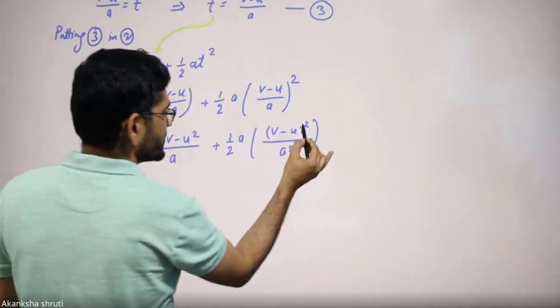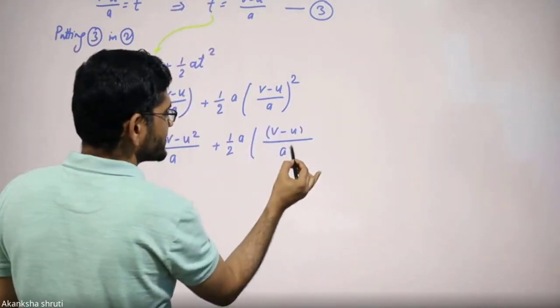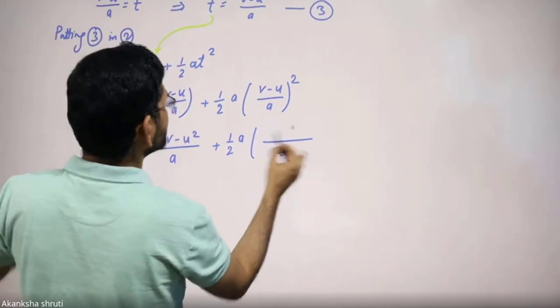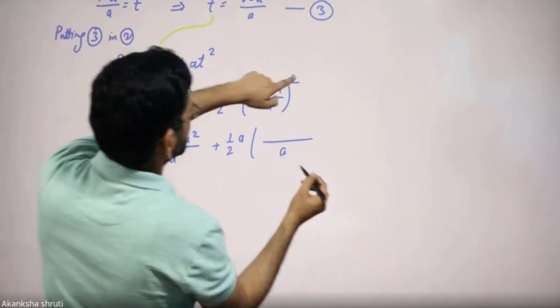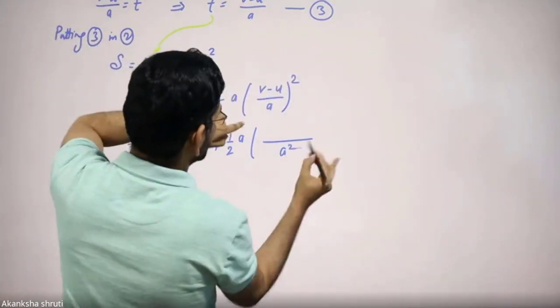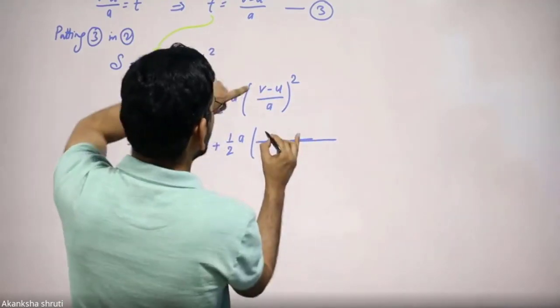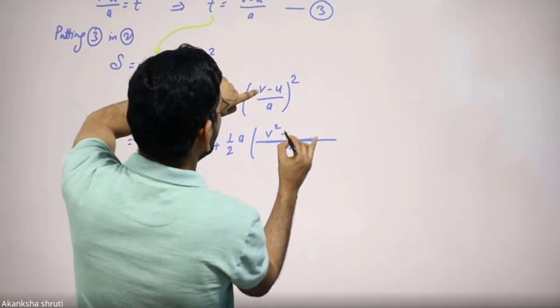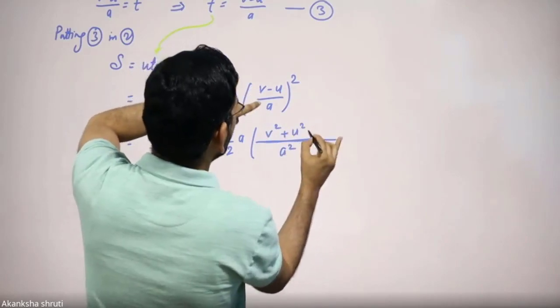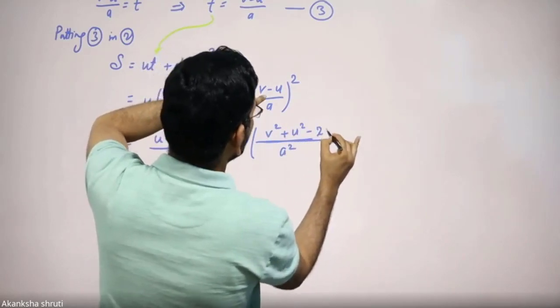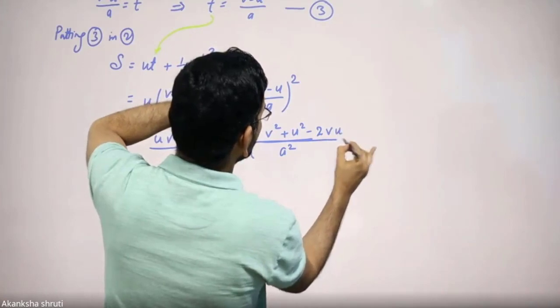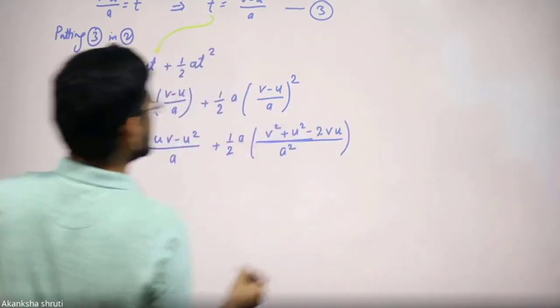So let me simplify this, you people already know all these things. The denominator remains a square. In the numerator, (v minus u) square, we are free to apply the identity, which is v square plus u square minus 2vu. This much will come in the numerator.